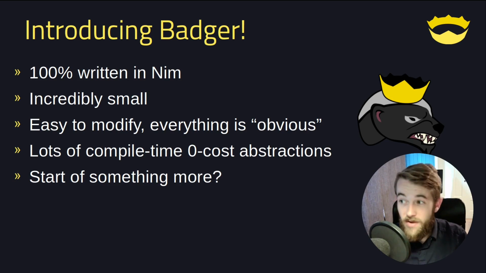It's incredibly small, like really stupid small. It's really easy to modify. When you open the main code file, everything is sort of obvious. You can really easily see what's going on.